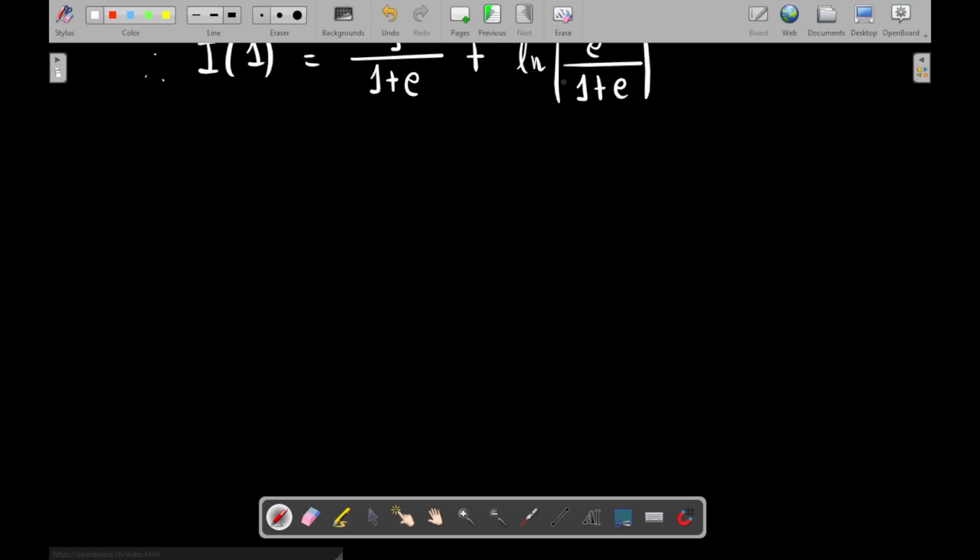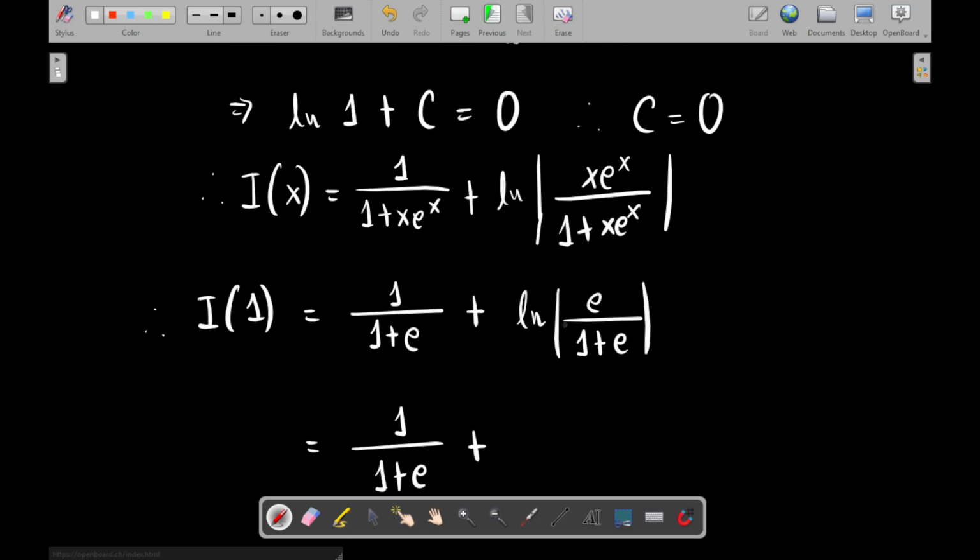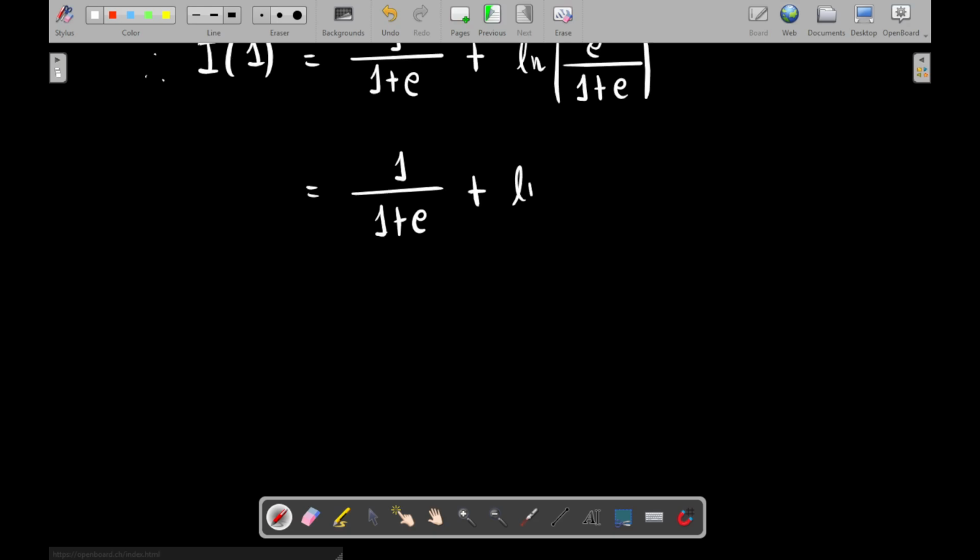If we further simplify it, we get 1/(1 + e), and if I rewrite this fraction as the difference of two logarithms, then we get ln e − ln(1 + e), right?